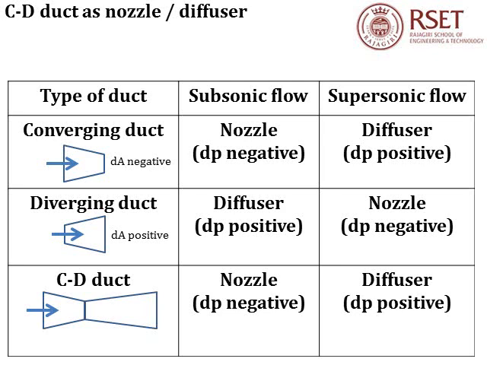While discussing about CD duct acting as nozzle or diffuser, it was mentioned that the condition at the throat should be sonic condition, that is, Mach number should be equal to 1 at the throat. Now consider the CD duct acting as a nozzle. Let's suppose that at the throat Mach number is equal to 1. Now this is a critical condition. On one side we have a subsonic flow, on the other side we have a supersonic flow. So the flow is entering the diverging duct at critical condition.